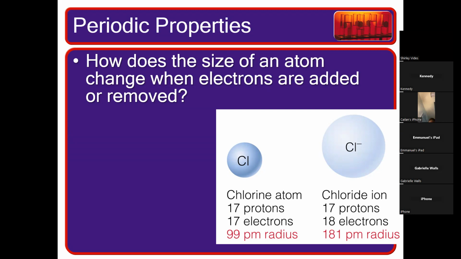In this case, chlorine gains 1 electron, but it doesn't gain any protons. So now you have more electrons in that same level, and they're going to repel each other more because the balance between the nucleus and the electron cloud is different. The negatives are winning, therefore the cloud gets bigger.